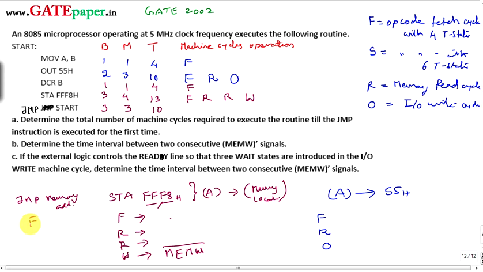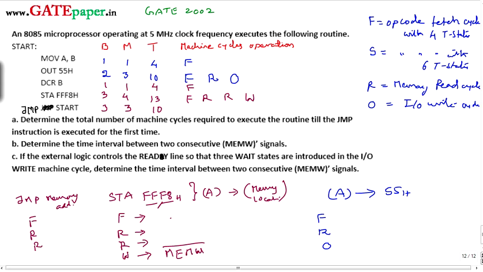From this opcode fetch, the microprocessor knows that it has to make the program sequence jump to some memory location which is specified in the instruction itself. To get that memory address, which is 16 bits, it requires 2 read operations.